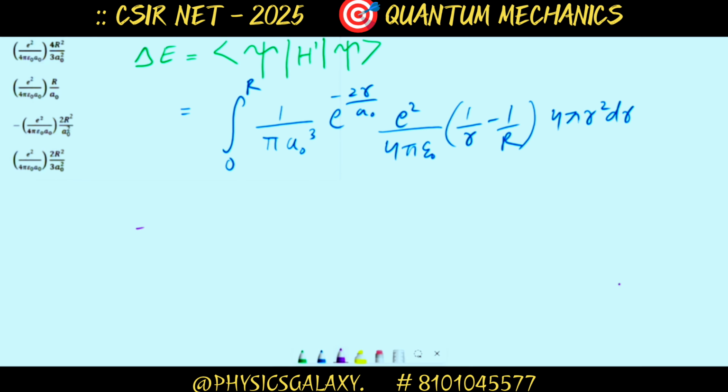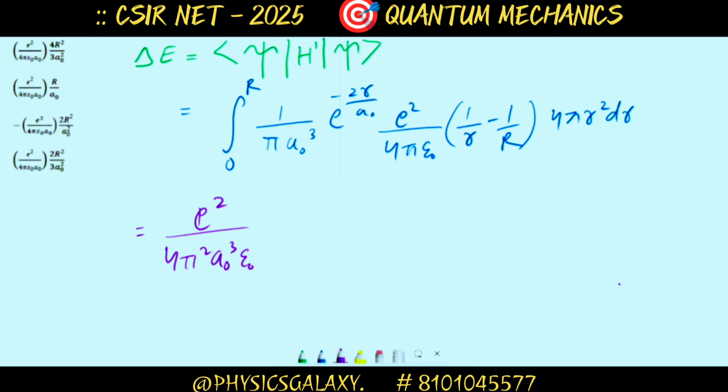So we can take the constants out: 1 by pi a naught cubed, and epsilon naught in the denominator.